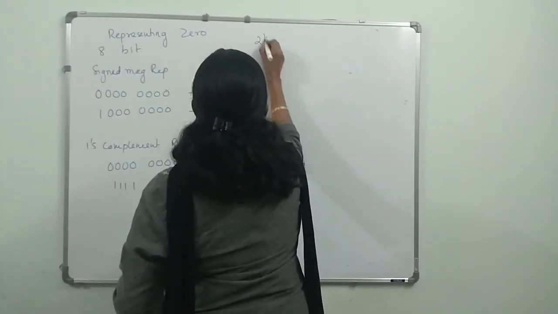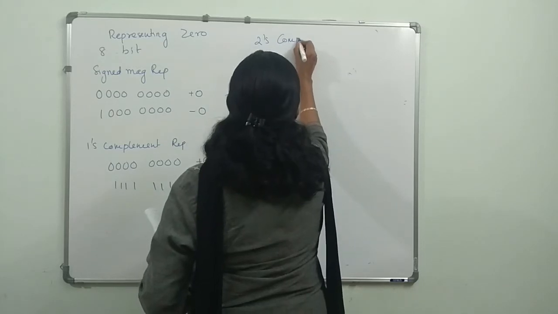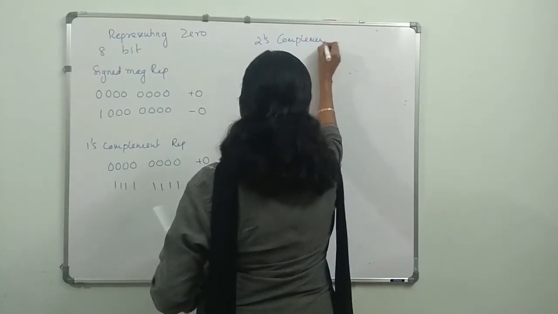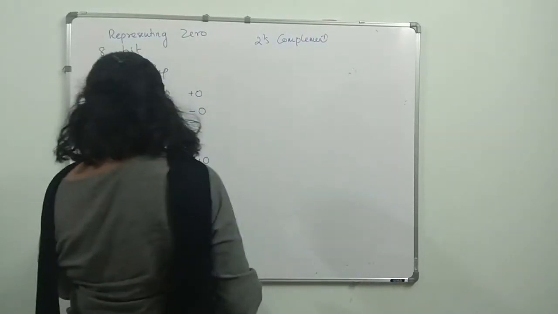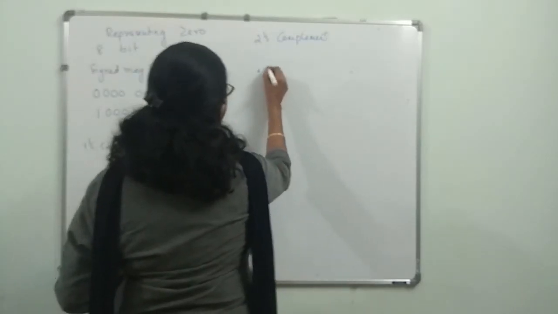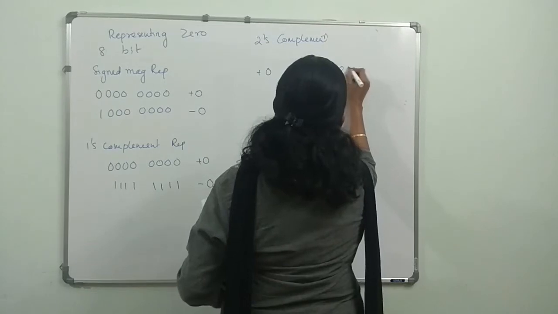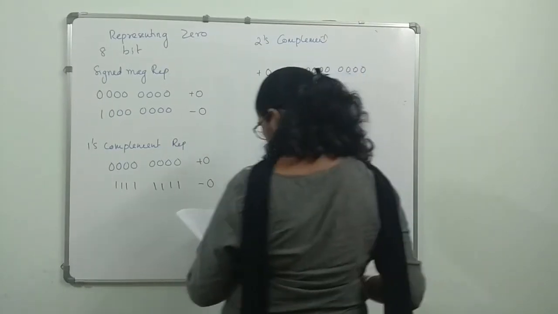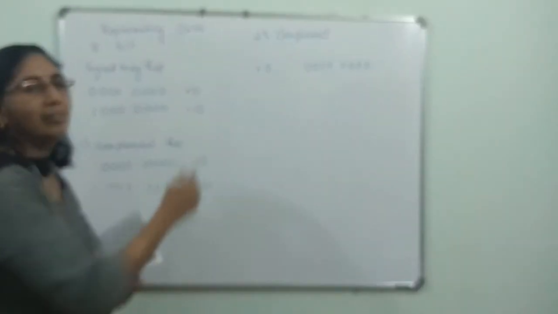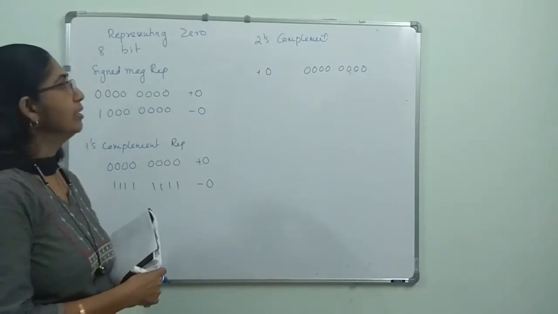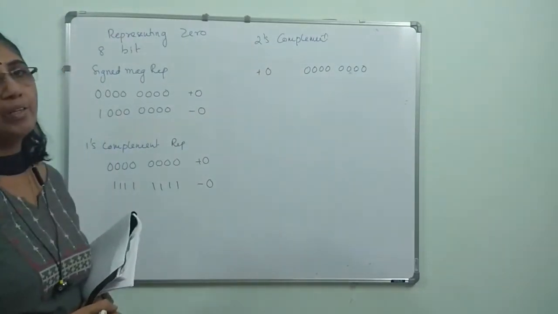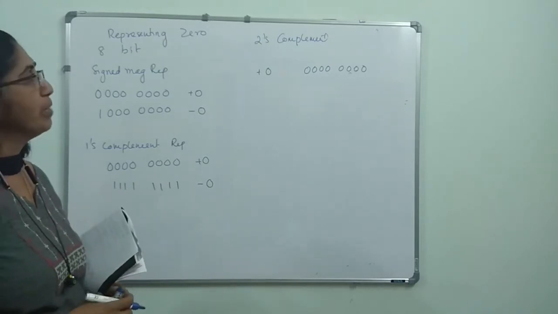Now let us look at the case of 2's complement. Our plus 0 is 0, 0, 0, 0, 0, 0, 0, 0. Then, now look at the procedure to convert it into the negative 0 form in the 2's complement format.